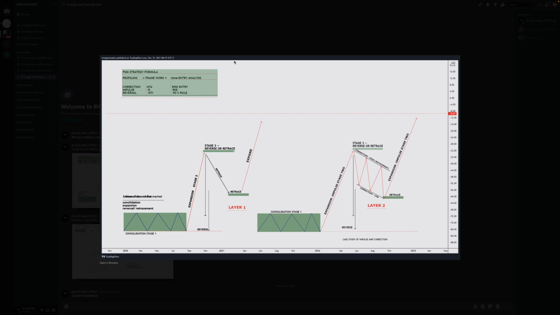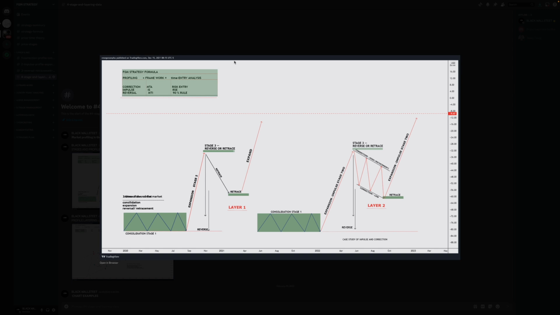So the second thing with framework is inner structure profiling, right? Since I trade the ICT methods, strictly the ICT method, the smart money concepts, inner structure profiling is one of the key elements I use when it comes to framing trading. By inner structure profiling, I'm talking about lower time frame structure. What information, what feedback am I getting from my lower time frame structure?